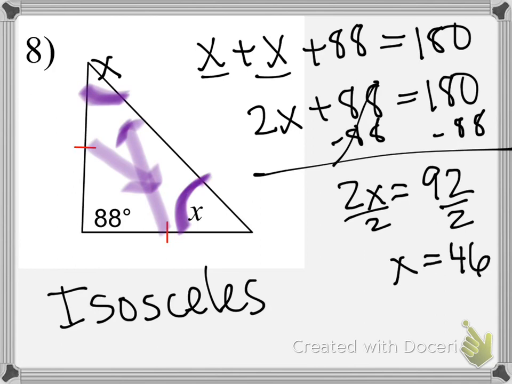That would be my final answer there. Questions on how I did that? Why is the top angle the same as that bottom angle? Once again, I'm simply using the properties of isosceles triangles. I have two sides that are congruent, therefore the opposite angles are also going to be congruent to them.